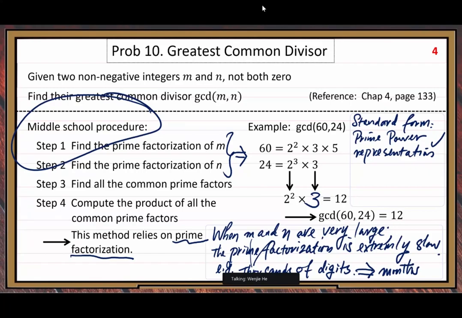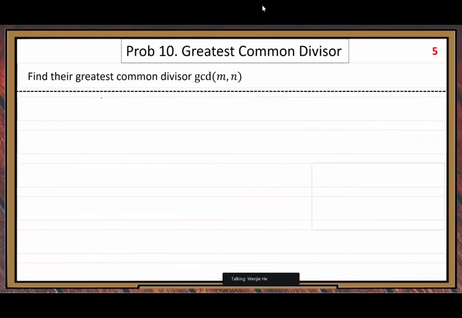So we have to find a different and much faster algorithm to solve this problem. Let's look at a different solution.